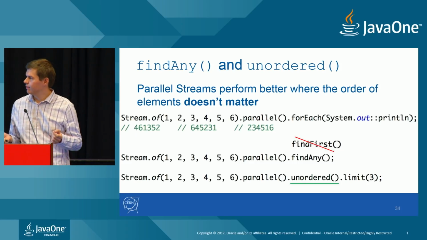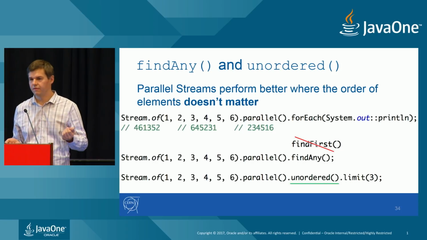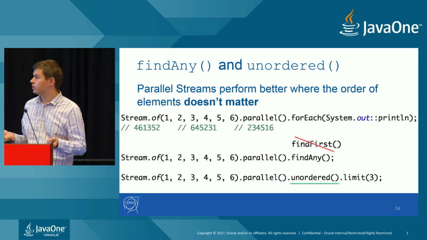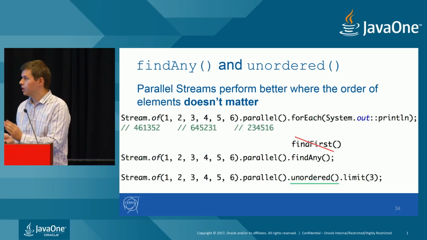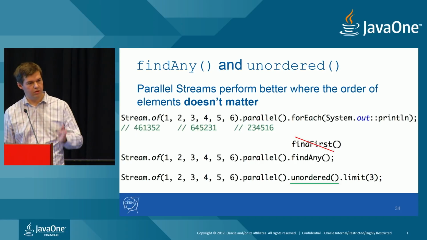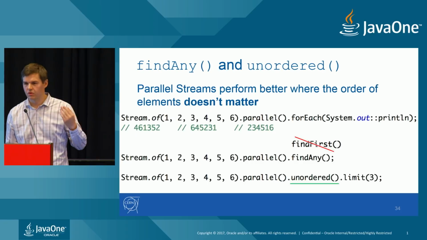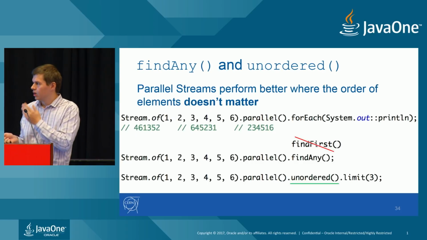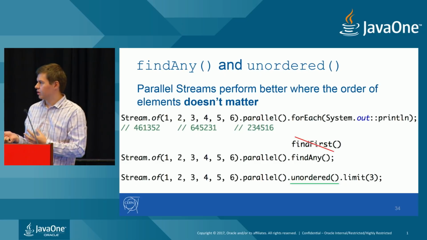If you invoke the findFirst method on this stream, the API is smart. It will always return 1, so it really obeys what you want. But this is an overhead, because the natural order of this parallel stream is random.